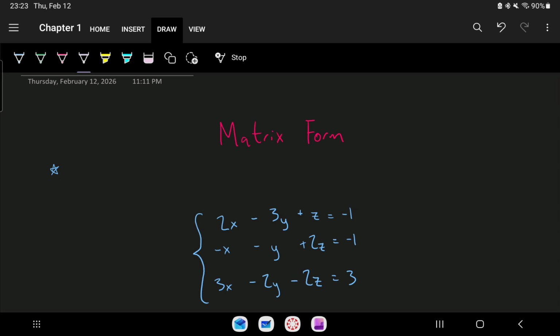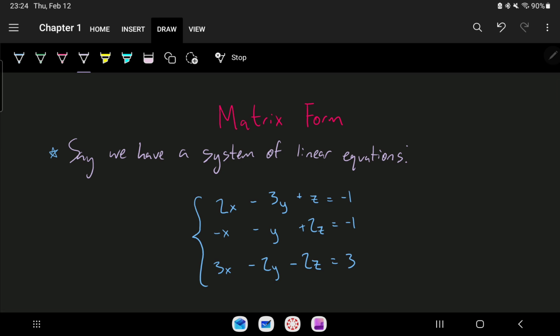Now, say we have a system of linear equations, I should say, like this. This is back in the early days of 1.1 where we were looking at systems of linear equations, and since then we have already looked at putting it into an augmented form.